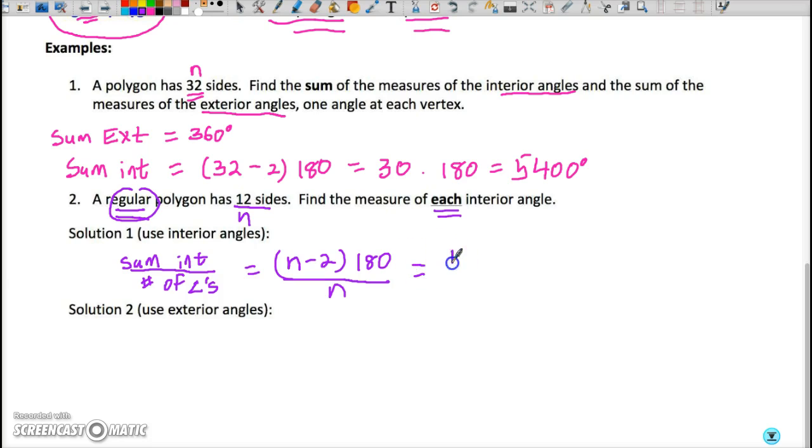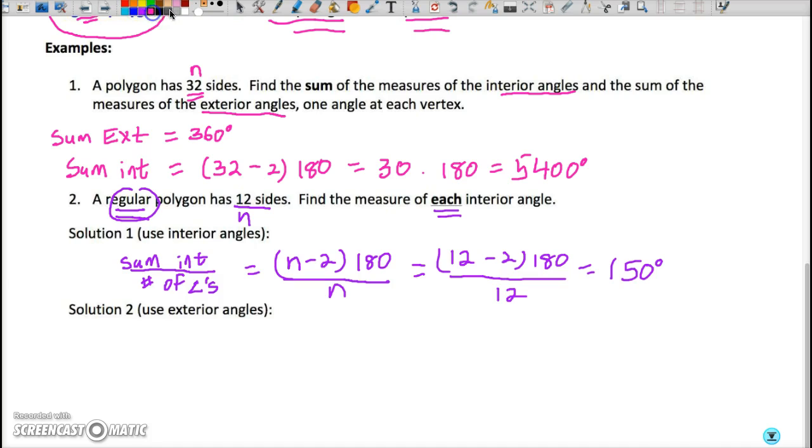Now we just substitute in 12 sides: (12 minus 2) multiplied by 180, divided by 12, which is the number of sides. And so we end up with 1,800 divided by 12, and that gives us each interior angle of 150 degrees.